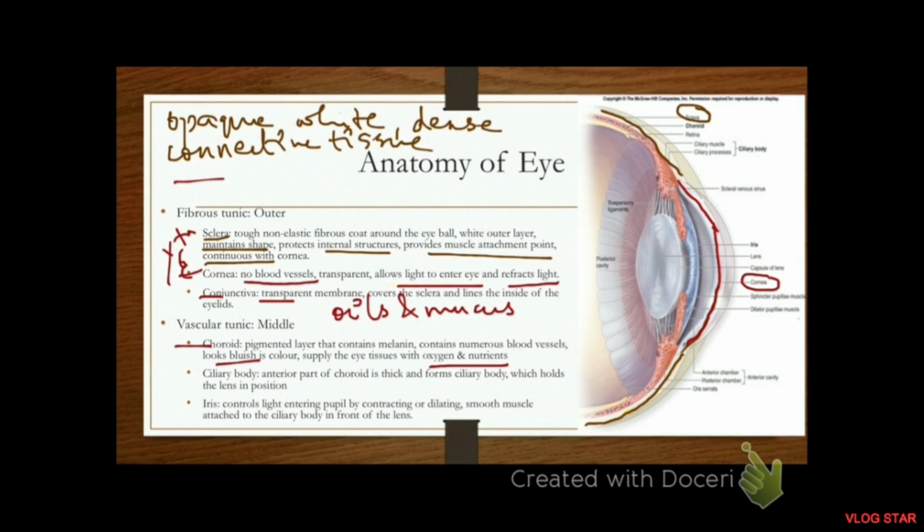Now this choroid becomes thickened at one point. In the anterior part, this choroid becomes thickened, and then it forms the ciliary body. Here you can see this is the choroid, and at the anterior part it has become thickened, and this is the ciliary body.